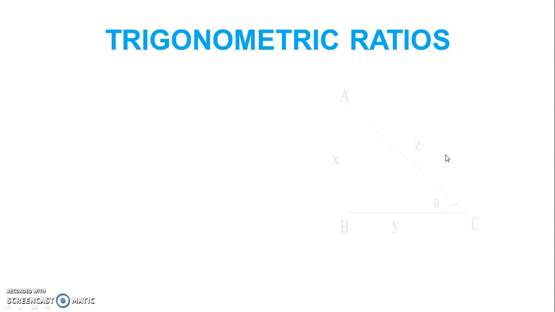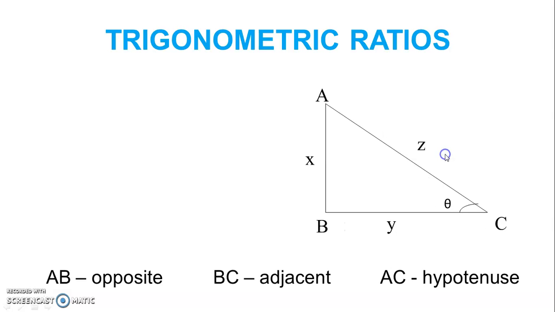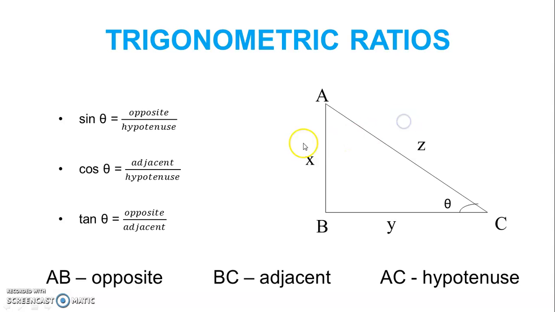So finally, to learn those 10 plus 3, that is 13 trigonometric identities, you have to memorize just these 3 trigonometric ratios.